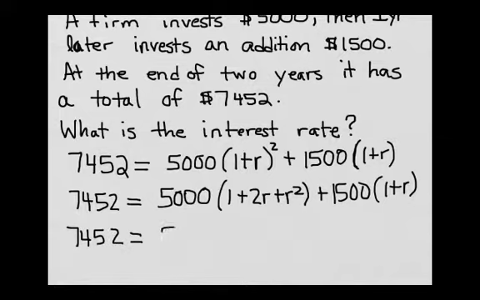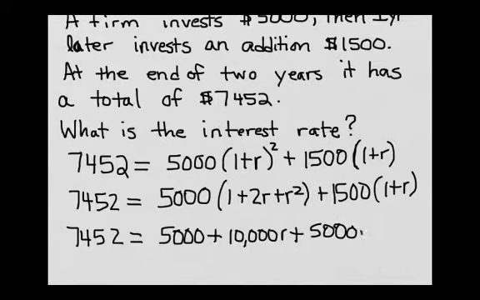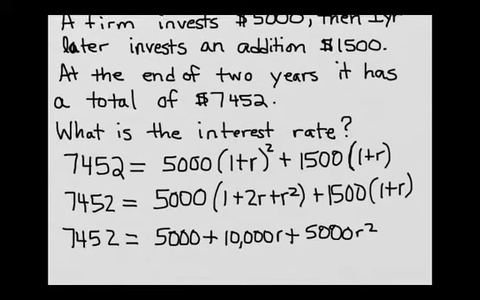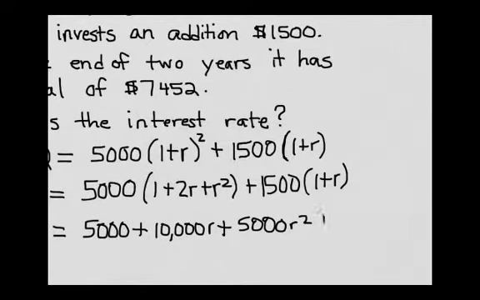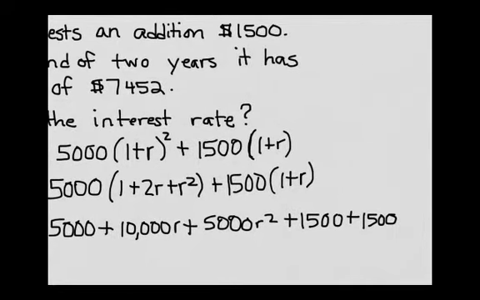So that's going to give us 5,000 plus 10,000 R plus 5,000 R squared plus 1,500 plus 1,500 R.